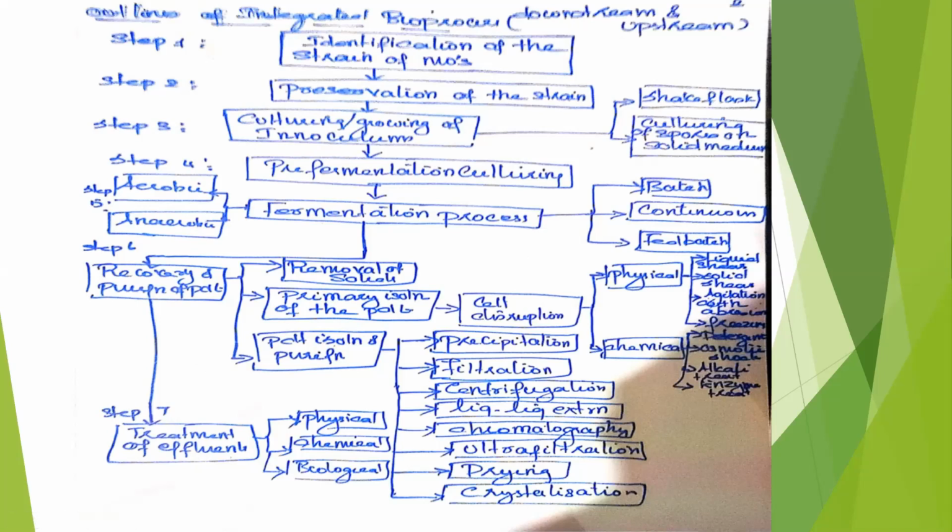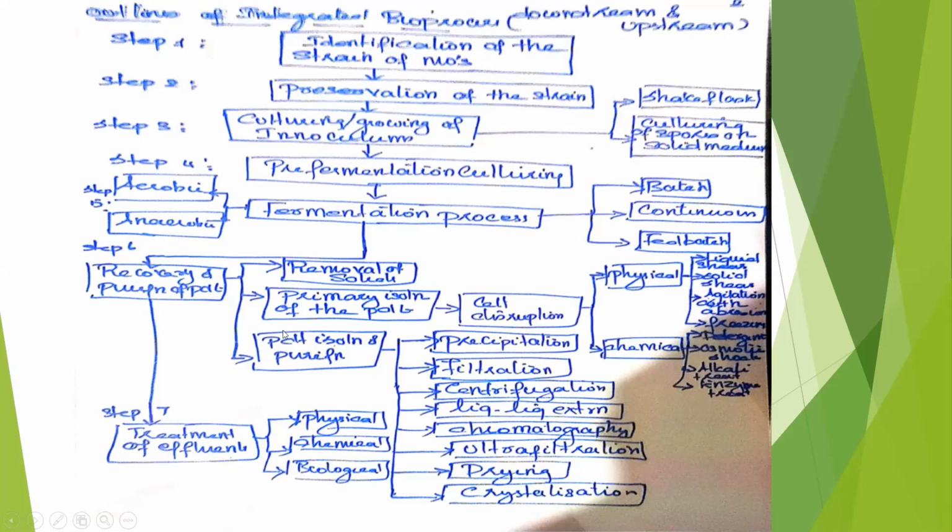Step 6 is recovery and purification of products. Here you have removal of solids, and the next is primary isolation of the product. Cell disruption will happen if the product is intracellular, and it is further classified into physical and chemical methods: liquid shear, solid shear, agitation with abrasion, and freezing. The chemical methods are classified into detergent, osmotic shock, alkali treatment, and enzymatic treatment.